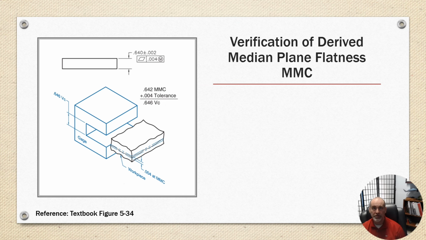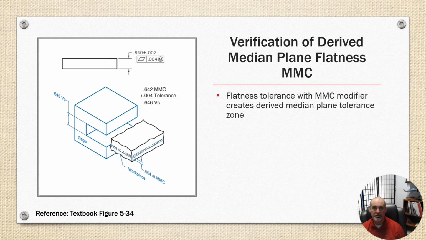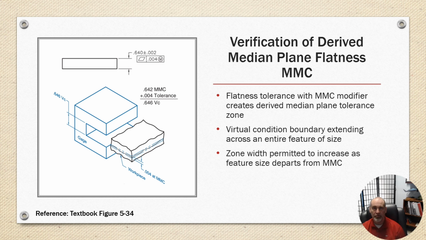A verification of derived median plane flatness at maximum material condition. The flatness tolerance with MMC modifier creates derived median plane tolerance zone, and the virtual condition boundary extending across an entire feature of size. The zone width is permitted to increase as feature size departs from maximum material condition.